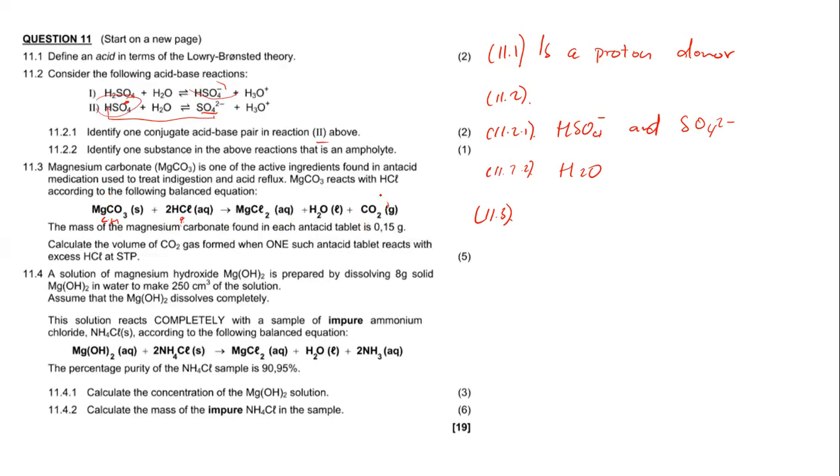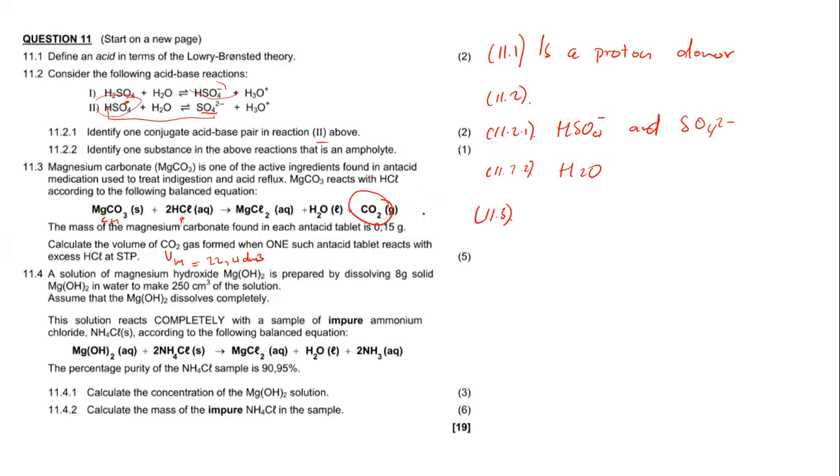But because we're focusing on carbon dioxide, we want to determine the volume of carbon dioxide at standard temperature and pressure. We're going to use the molar volume, which is 22.4 cubic decimeters. Before we can calculate the volume of carbon dioxide, we need the number of moles of carbon dioxide.